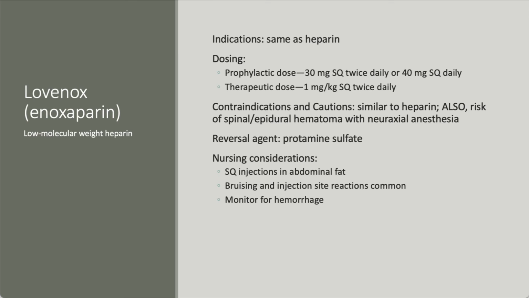We inject it into the abdominal fat, rotating sites. Bruising and injection site reactions are common. You can always tell somebody who's getting Lovenox when you look at their belly. It looks like they've been punched, right in the gut several times. And of course, we're going to monitor for hemorrhage, and we're going to monitor for heparin-induced thrombocytopenia, because this also can potentially cause heparin-induced thrombocytopenia.